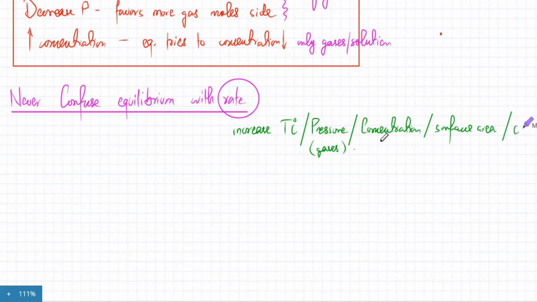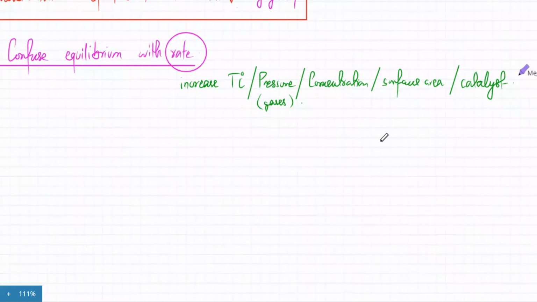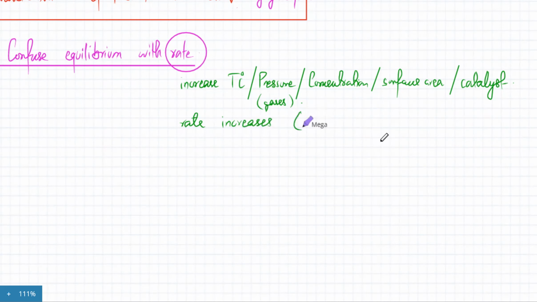There were 5 factors that affect a rate of reaction. So whenever you increase the temperature, pressure, surface area, catalyst, the rate goes up. Rate increases, and also vice versa. The rate would slow down. So this is something that you studied in O levels.